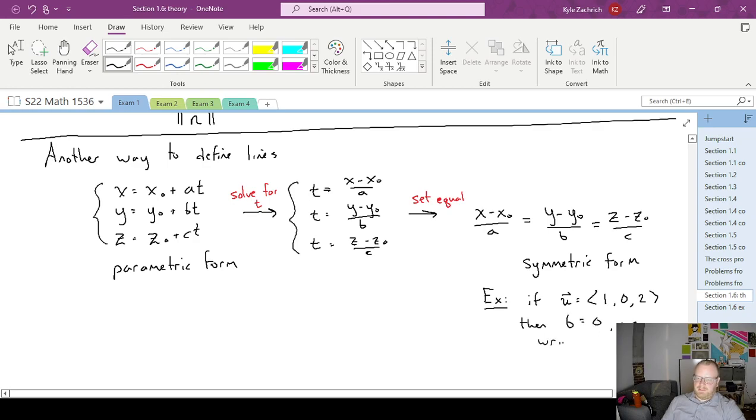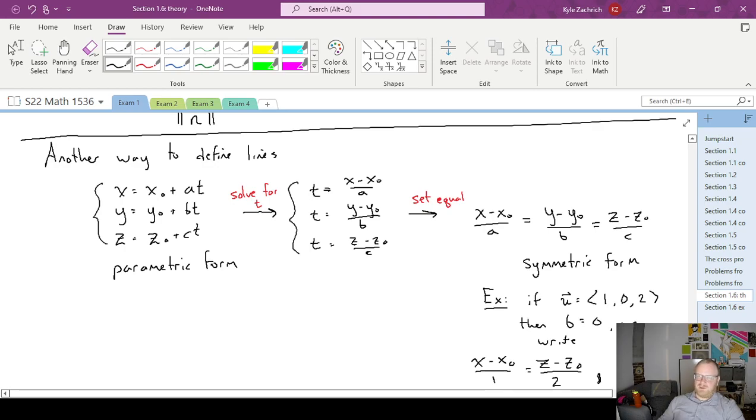We would say x minus x naught divided by 1 is equal to, and then for the 0 we skip over the y, so z minus z naught divided by 2, and then we put a comma after that and say, well, let's not worry about the y component of this, because it's not going to change.